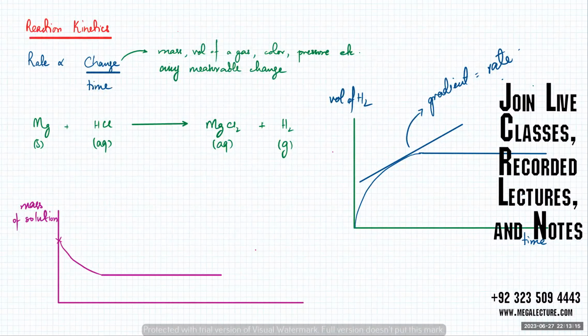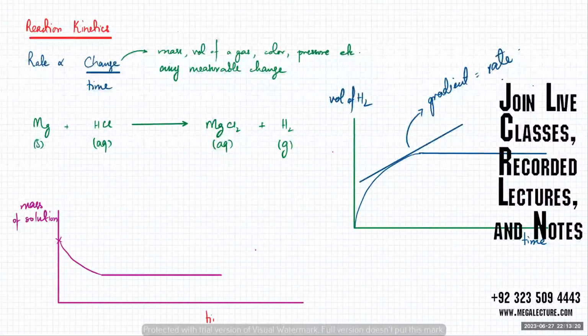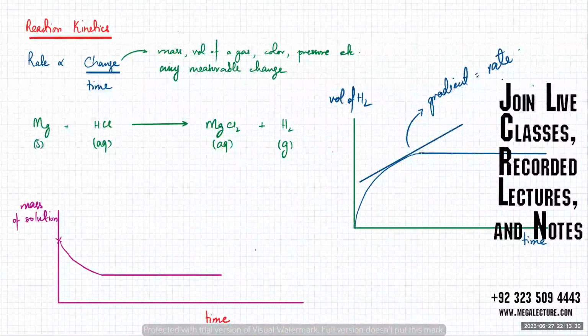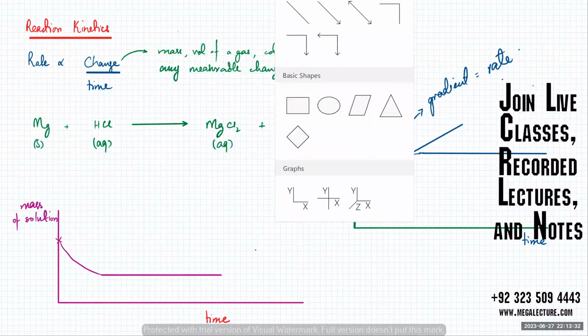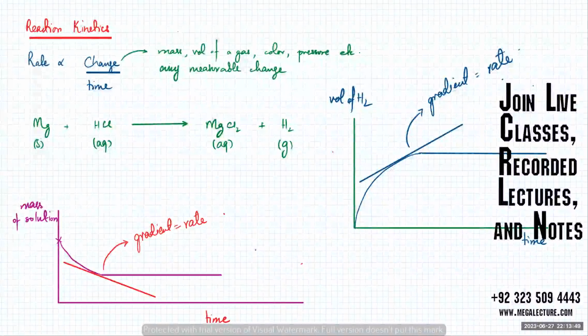After a certain point, it's going to stop decreasing with respect to time. And again, the tangent is your rate of reaction. So gradient equals rate.